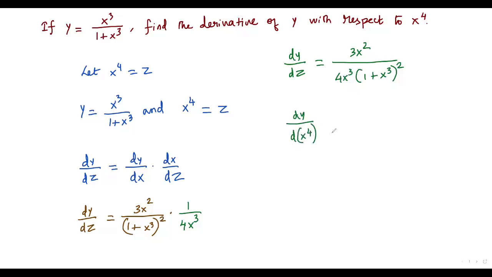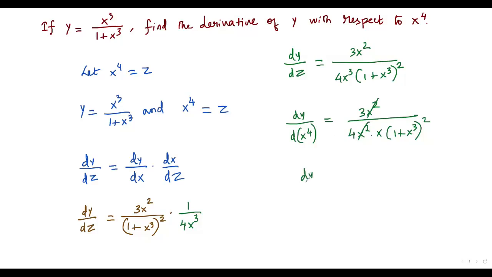So dy over d of x to the fourth power equals 3x square over 4 times, we can write this x cube as x square times x, times (1 positive x cube) the whole square. Because when I multiply x square and x, I'm getting x cube. I just split up x cube as x square times x because I want to cancel out x square, x square. We can do this simplification.